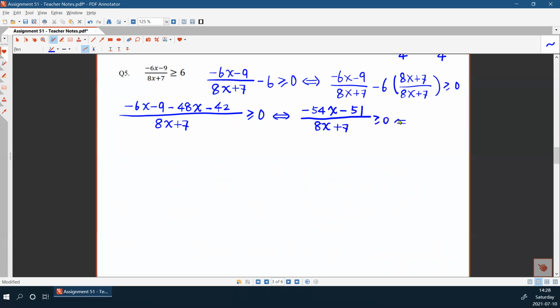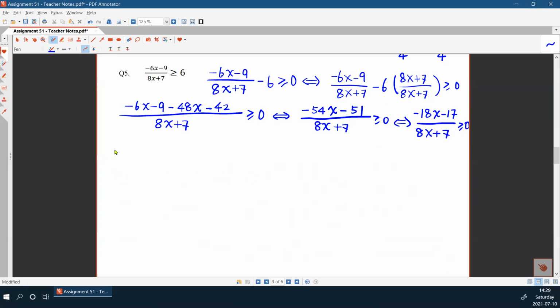So next step, we can just divide both sides by 3, right? Because 3 is a positive number, we don't need to change the direction of the inequality symbol. So minus 54x divided by 3 is minus 18x, right? And minus 51 over 3 is minus 17, over 8x plus 7, greater than or equal to 0.